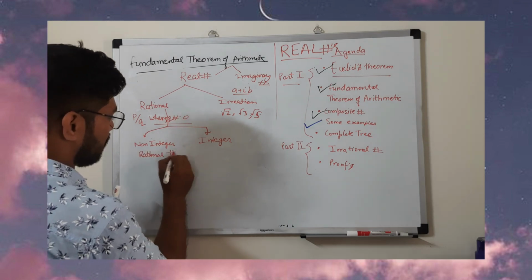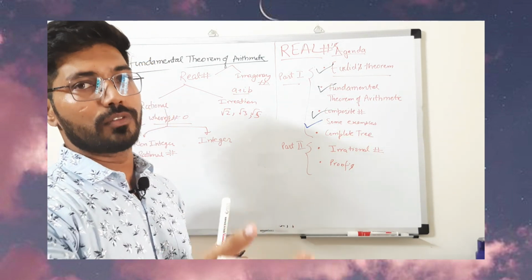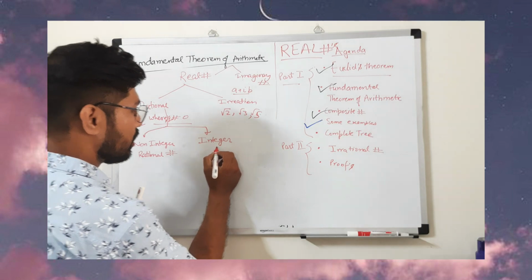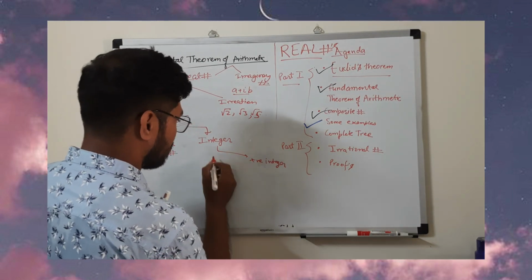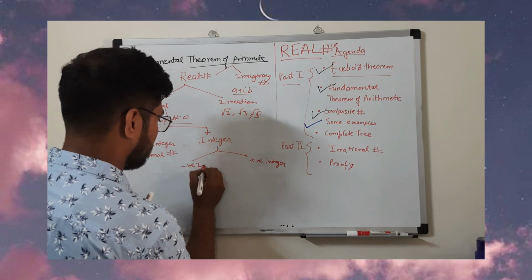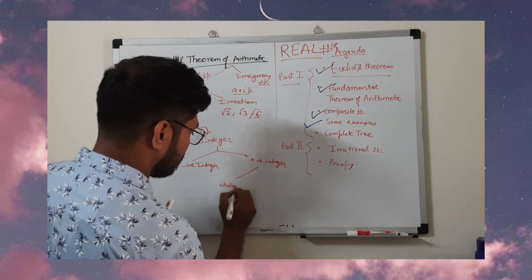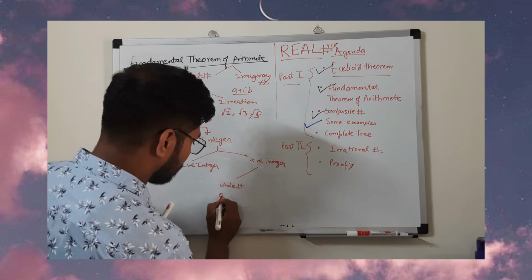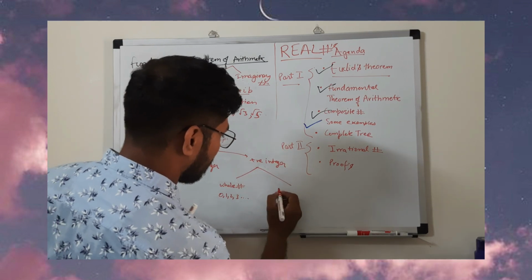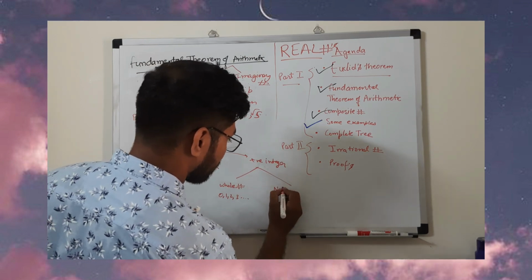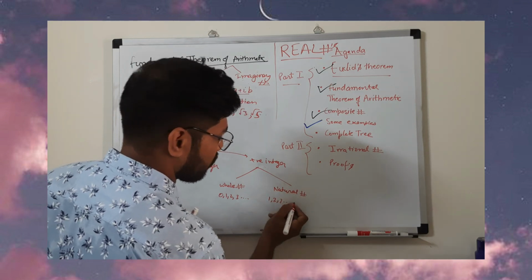Integers can be positive and negative, and the positive integers are divided into whole numbers and natural numbers. Whole numbers are 0, 1, 2, 3 like that, and natural numbers start from 1, 2, 3 and so on till infinity.